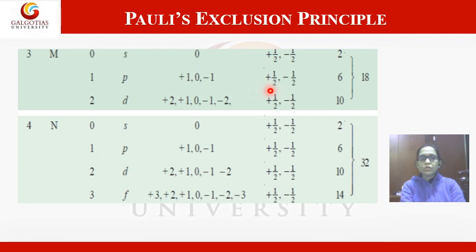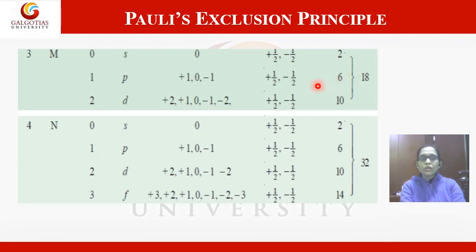In the 3px orbital, the 2 electrons have different spin quantum numbers, likewise in 3py and 3pz, that is plus half and minus half. So the 3p orbitals can accommodate a maximum of 6 electrons, because each orbital holds 2 electrons.